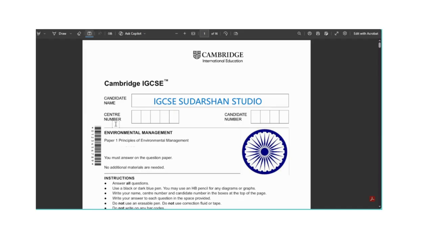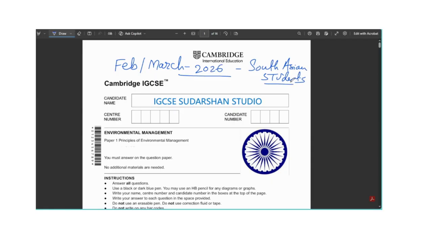And please remember, this exam is basically for South Asia, which is in March 2026. So basically we are discussing a specimen paper for South Asian students.